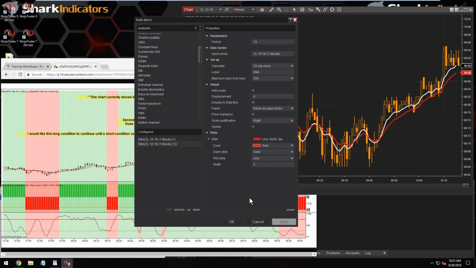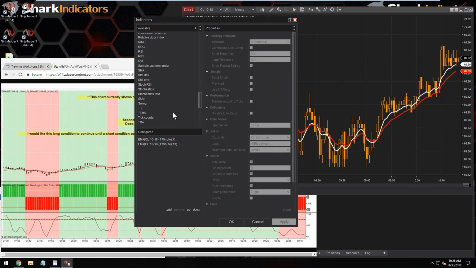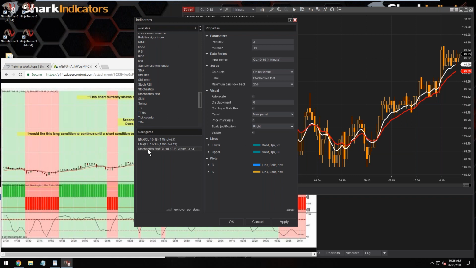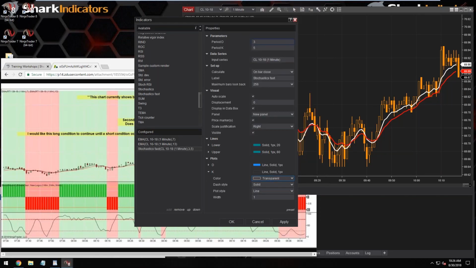And then I also need a Fast Stochastics. Let's go find that. Our stochastics is a 3 and 5, and we are going to be using the D line, so let's make the K line transparent.